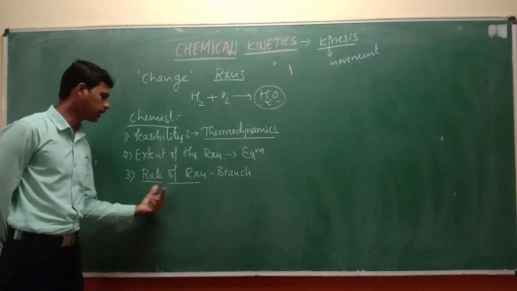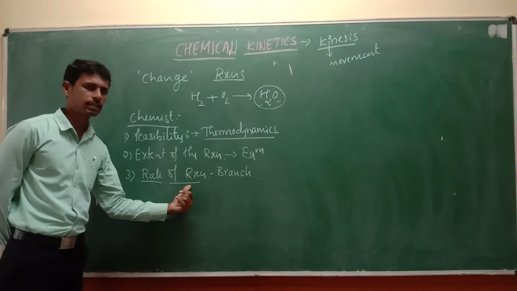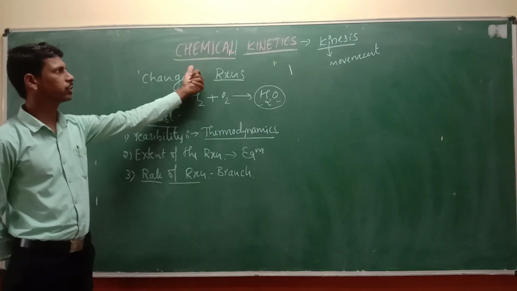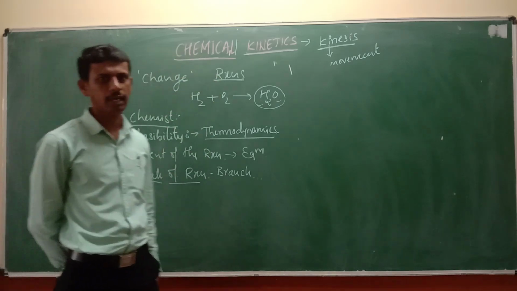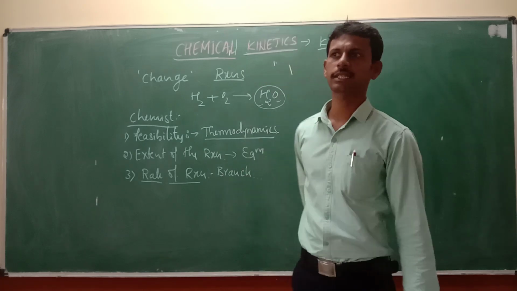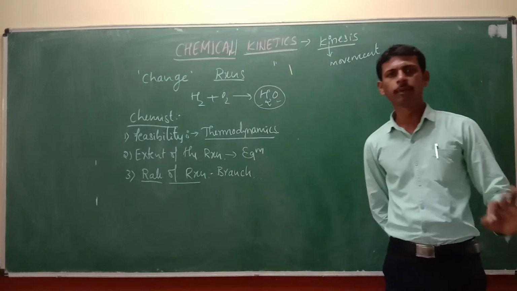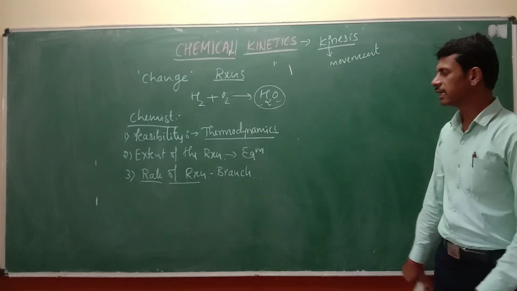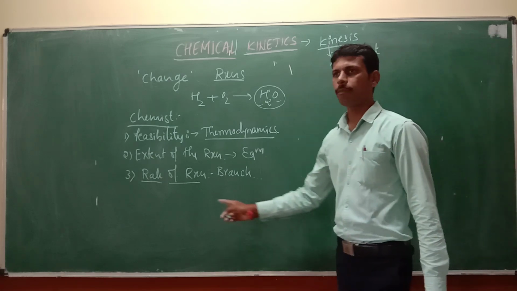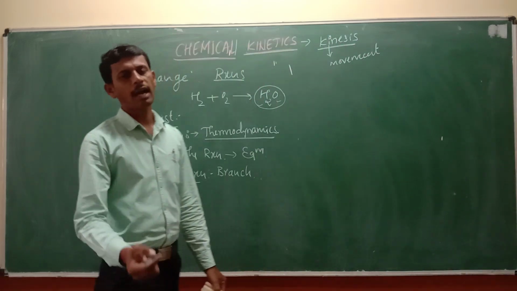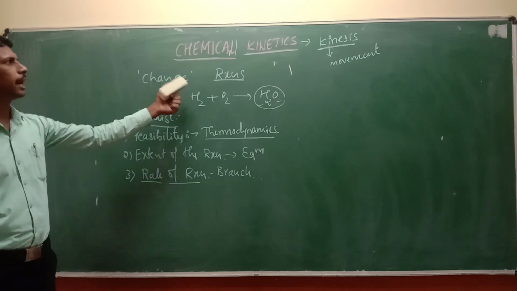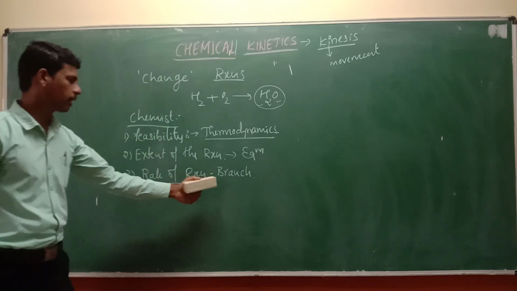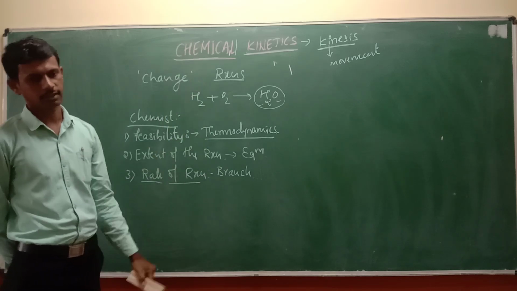Therefore, the rate of reaction is studied by that branch. What is the definition of chemical kinetics? Chemical kinetics is the branch of chemistry which deals with the study of rate of reaction and its mechanism.